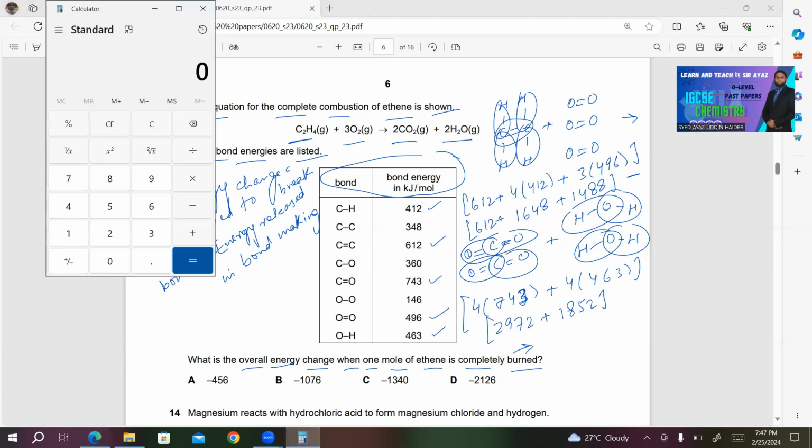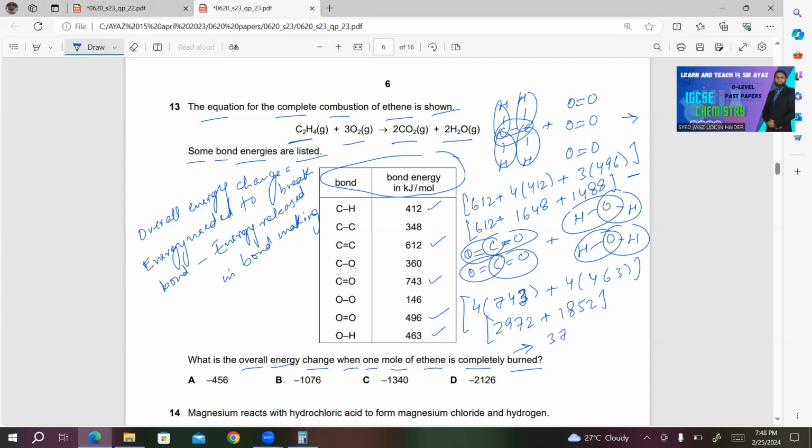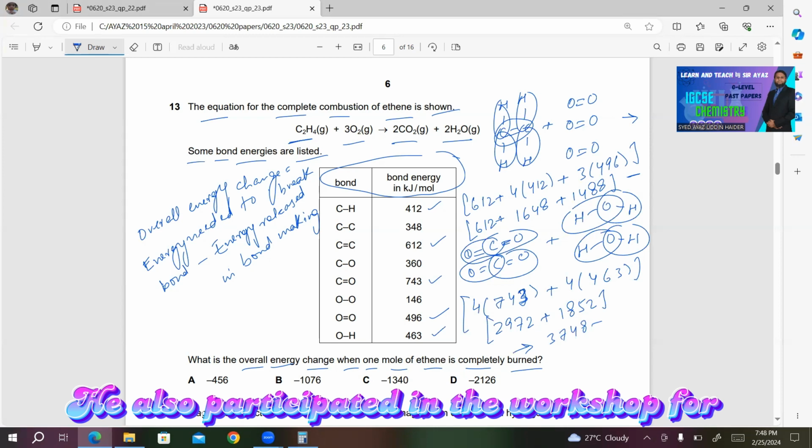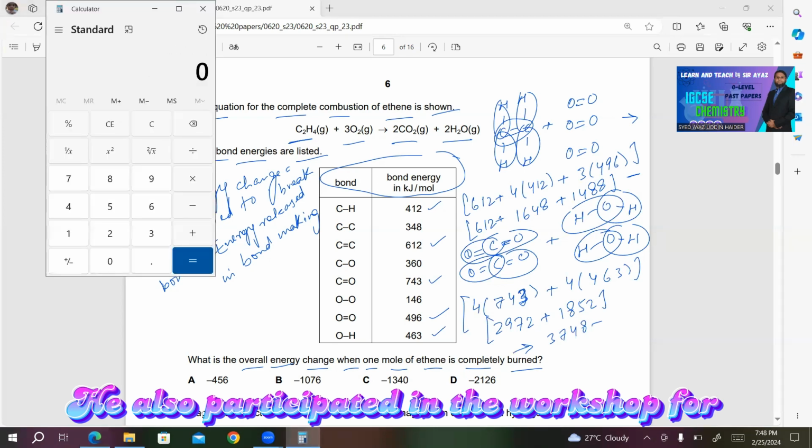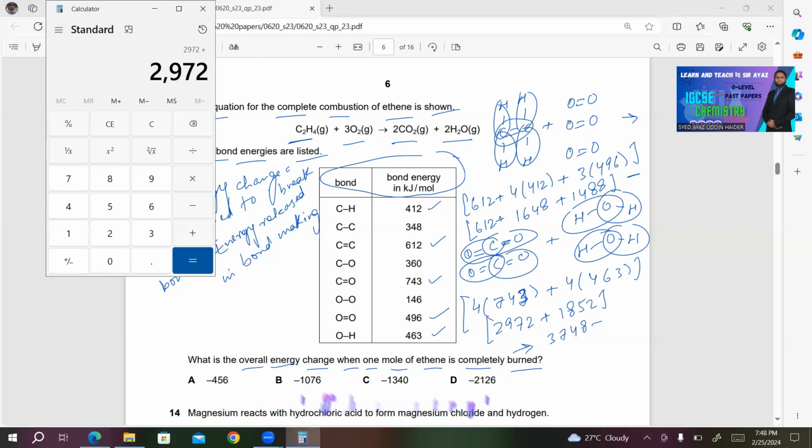Now adding up the values on the reactant side, 612 plus 1648 plus 1488 gives 3748, minus 2972 plus 1852.